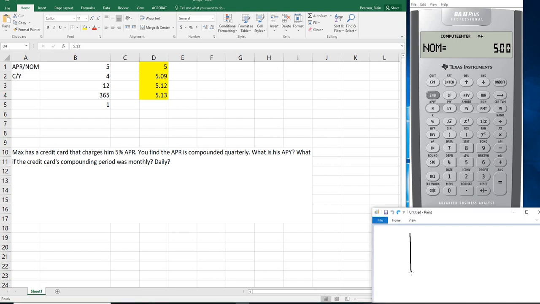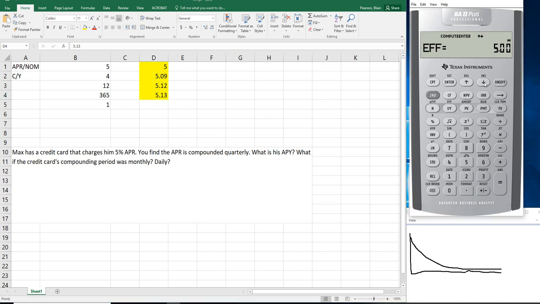So if we look at the amount of change, the earlier periods will have a greater effect than later on. There comes a point where the effect is so small that the amount of periods you stretch it out to won't have as significant an effect as the earlier periods. So if we were to go to C/Y and enter in 1,000, a compounding period of 1,000, our effective rate would not change that much, or in this case, really at all.